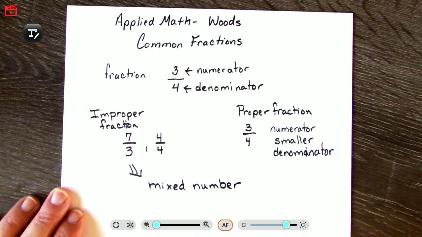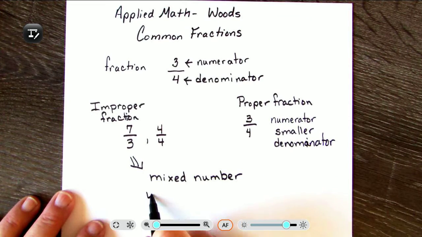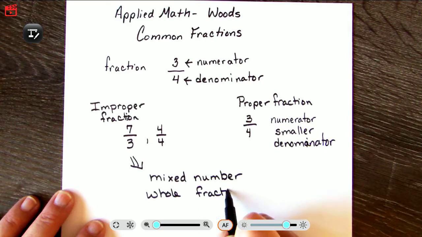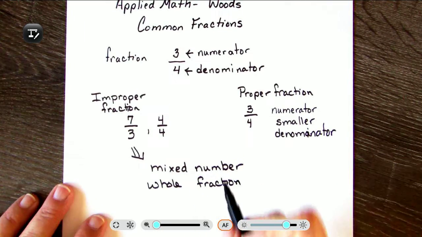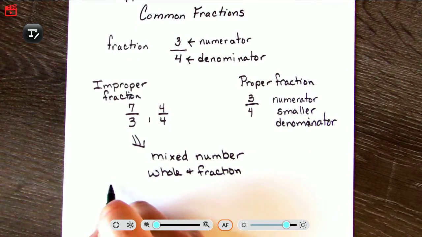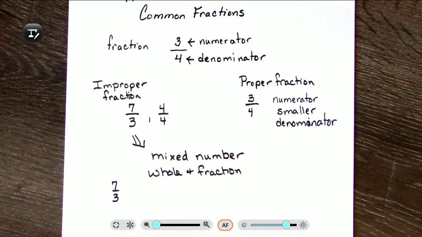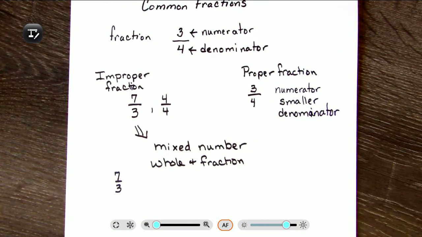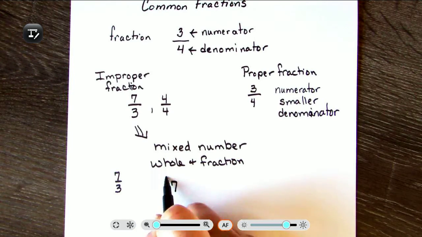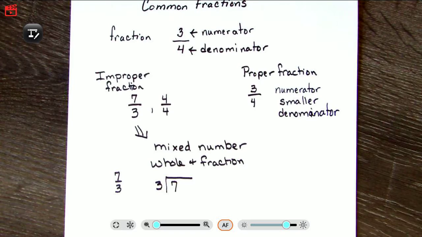And a mixed number will have a whole part and possibly a fraction with it. So I'll put whole and a fraction. So for example, this 7/3 we know is going to be larger than 1. And to turn it into this mixed number, we are going to take that numerator and divide it by that denominator.